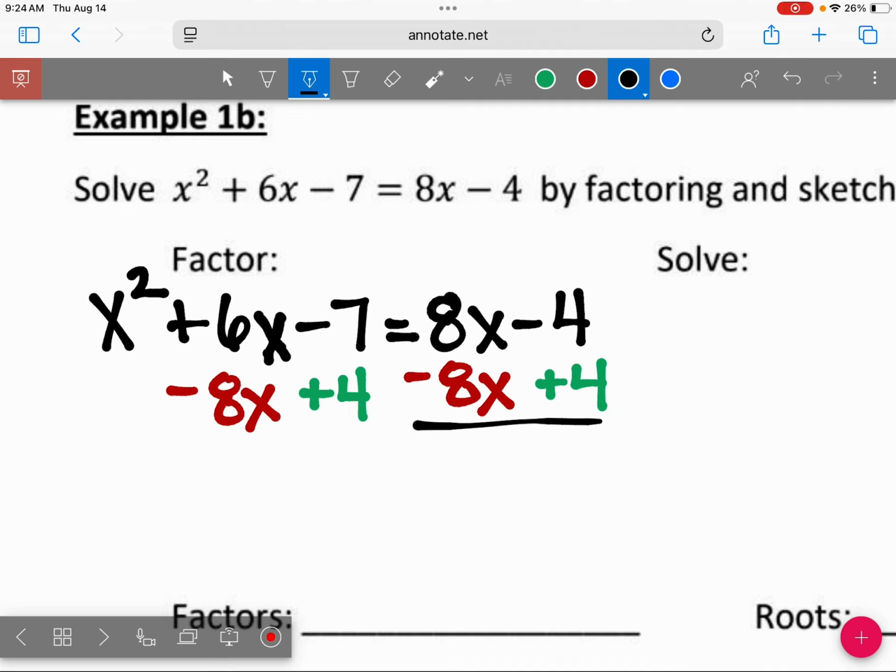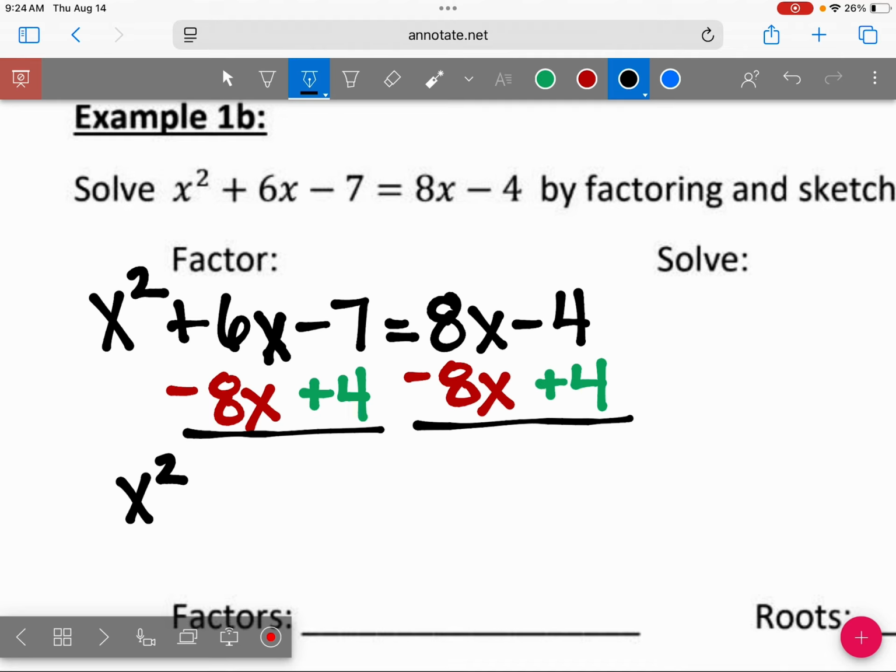All right, so now let's get it. I'm going to bring down my x squared. Now, if you need to, pick up your calculator, figure out what you get when you add the negative 6 and the minus 8. If you take 6 minus 8, what does your calculator tell you that gives you? 6 minus 8.